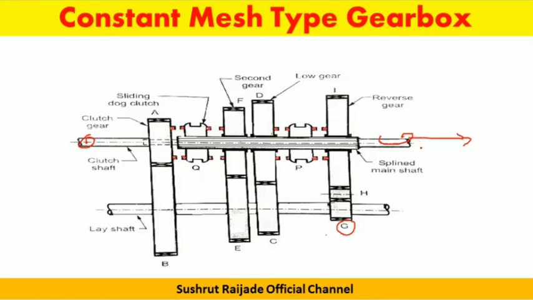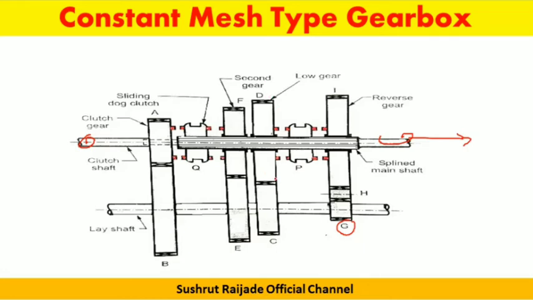Now the next construction is the bearings. Generally, taper roller bearings are used in this gearbox. Here it is not shown, but taper roller bearings are used. These bearings are required to take radial and thrust loads during the gear engagement.